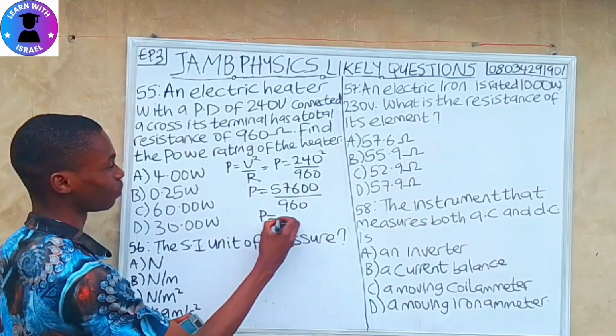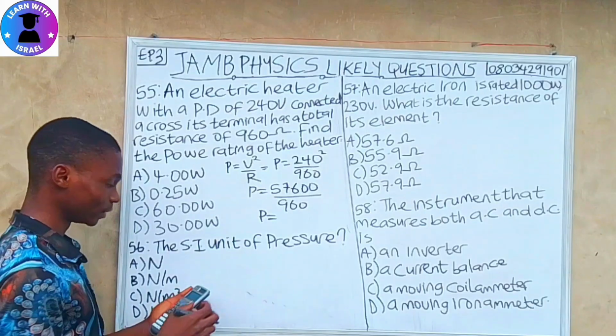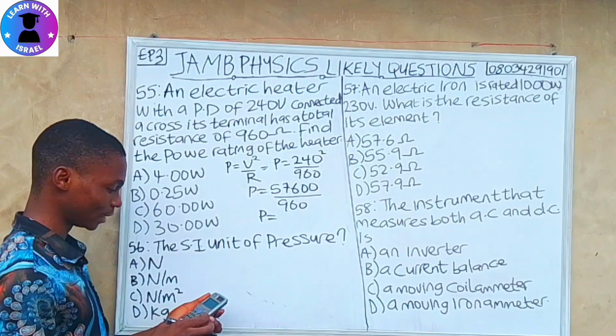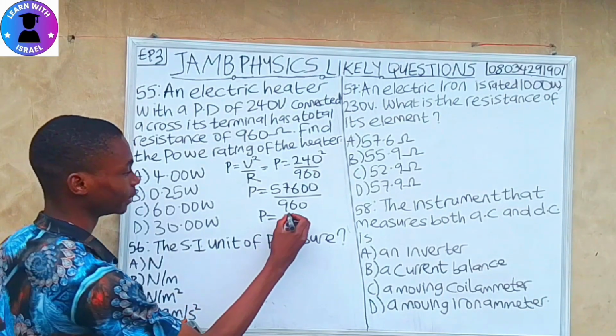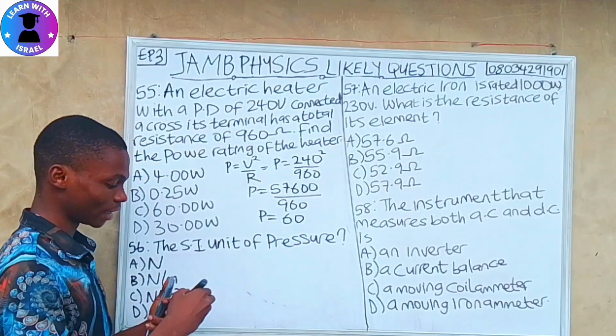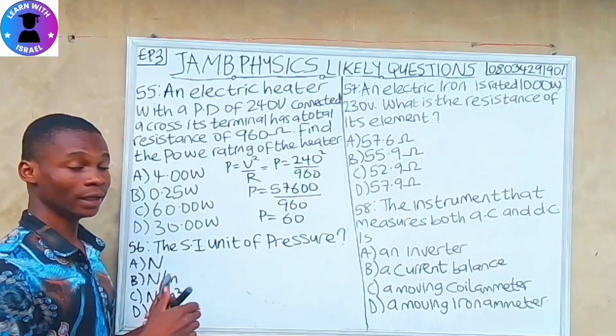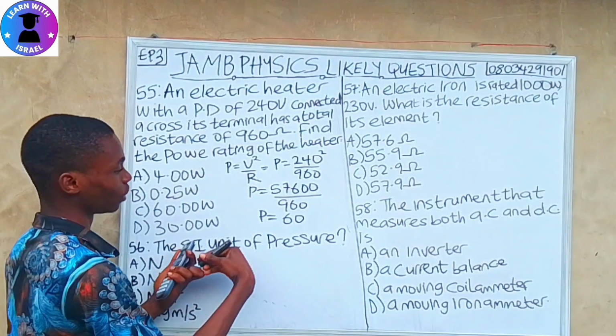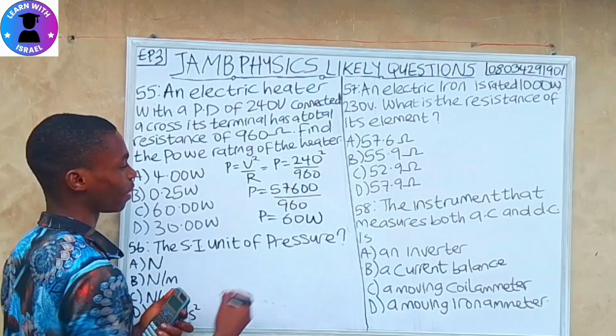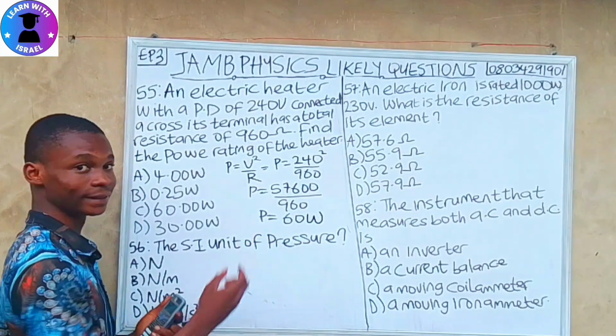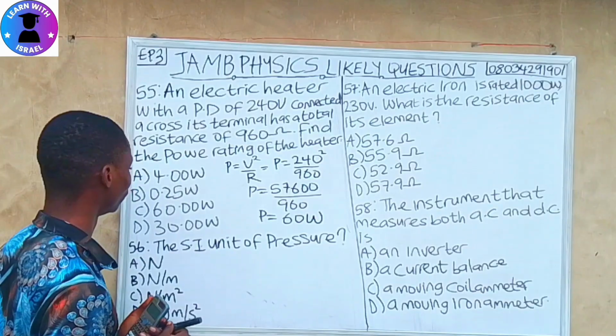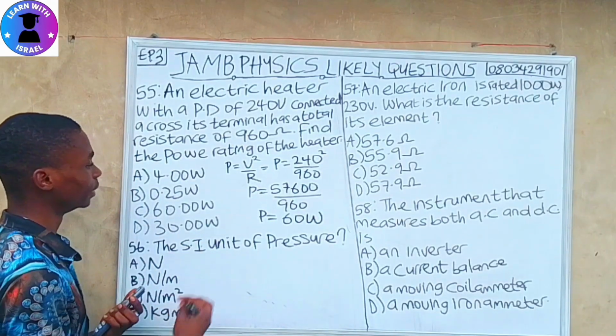Dividing 57600 by 960 gives us 60. But you can't leave it like that. What is the unit of power? The unit of power is watt. So our answer is 60 watts. Checking the options, we find it in option C.